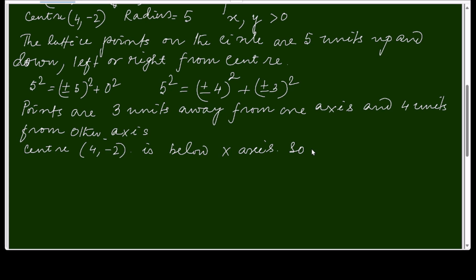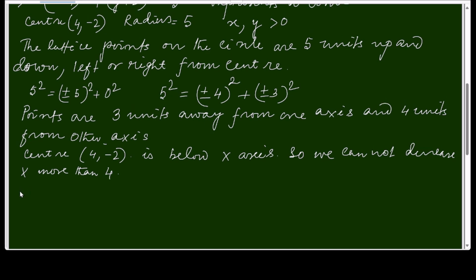So we cannot decrease the x value more than 4. So the center, or the original value, was 4 comma negative 2.